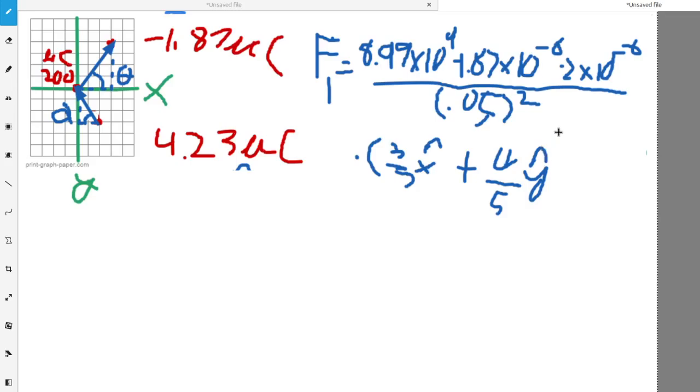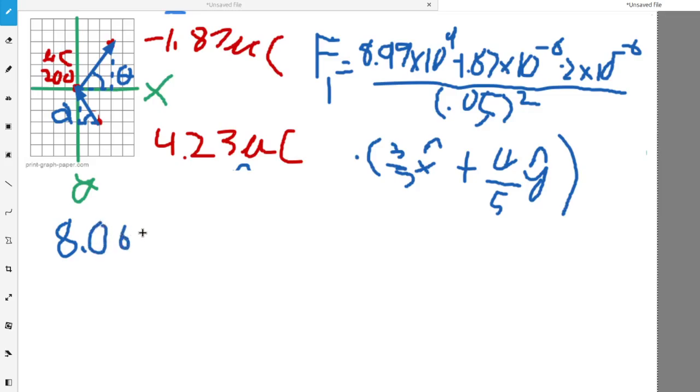X hat, y hat, unit vectors in the x and y direction. So when we do that, put that in your calculator or computer algebra system.